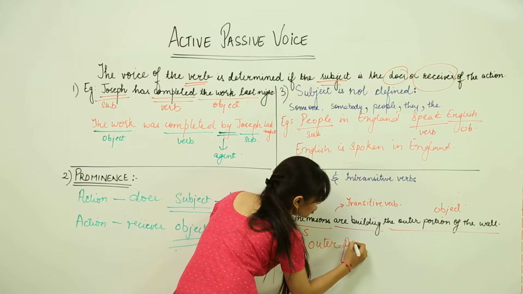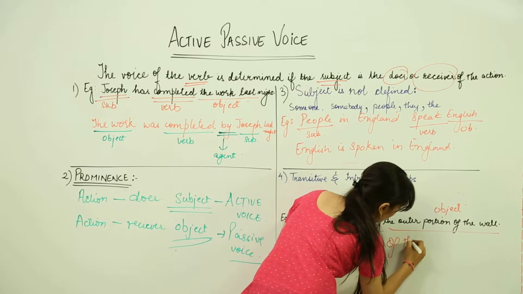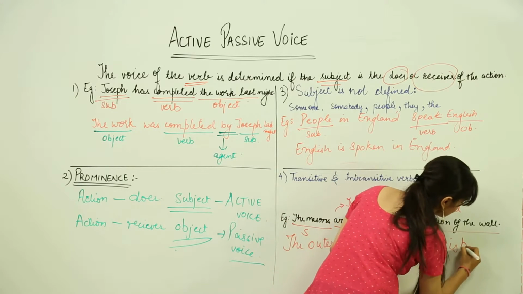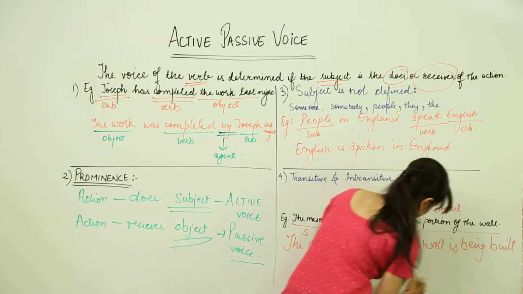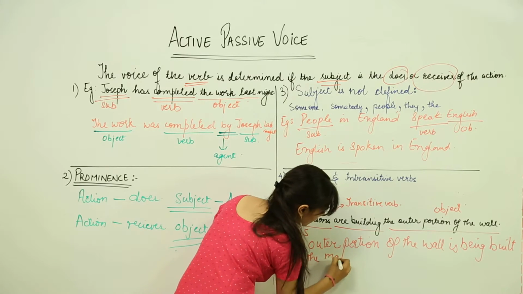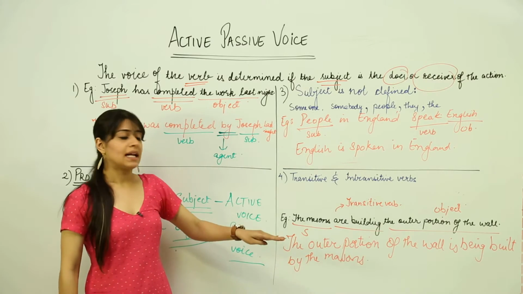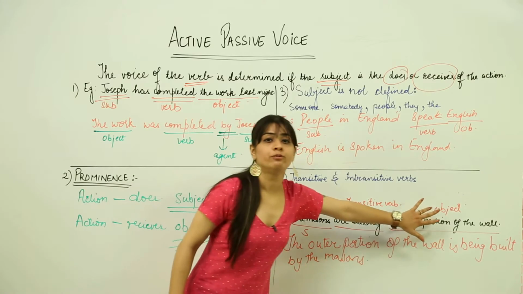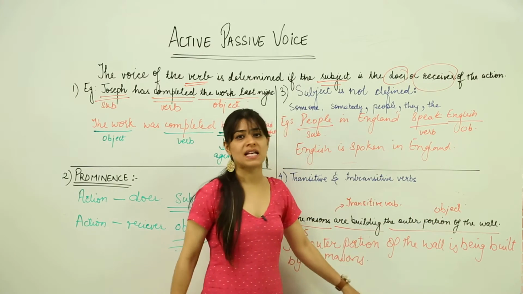The outer portion of the wall is being built by the masons. Now it is very clearly evident that the subject and the object play a very important role in conversion from active to passive voice.